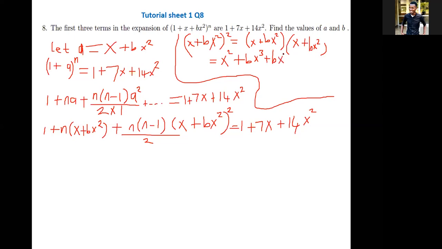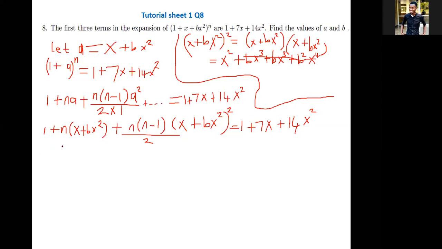Then bx squared times bx squared gives b squared x to the power 4. But the terms here that have been given only go up to the degree 2, up to x squared. So all this is irrelevant. I'm only supposed to get x squared then.